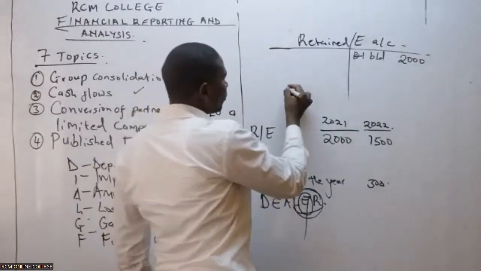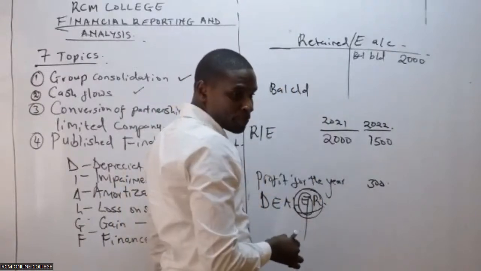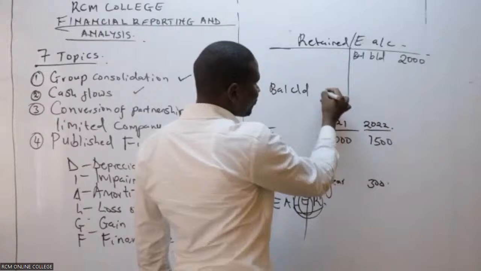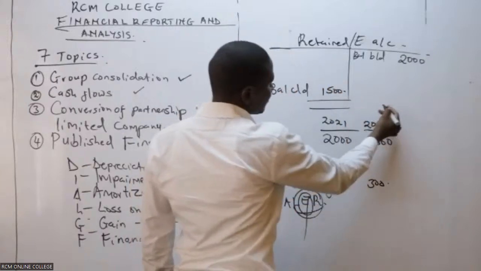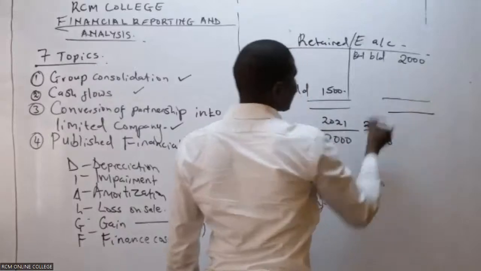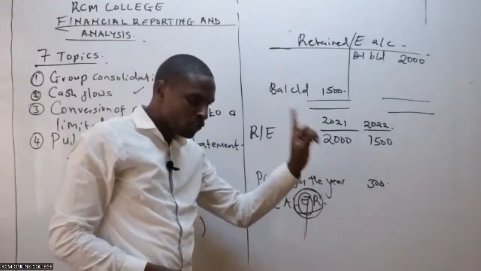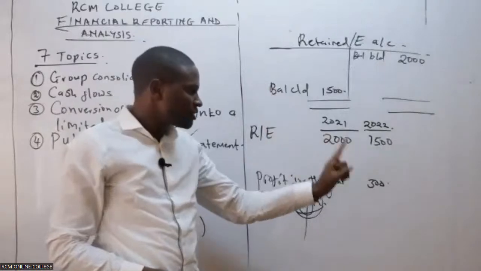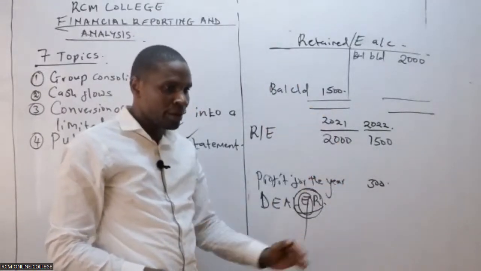Balance carried down is how much? 1,500. Remember, we are looking at dividend paid. Somebody tell me where I take my 300 profit for the year. Remember, this is now the profit for the year that we have computed. We got it from the income statement.